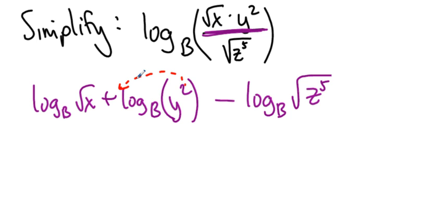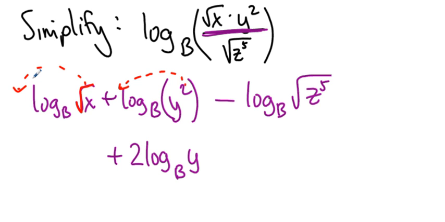So I'm thinking, I know what happens with this 2. This 2 is going to come down in the front, and I'm going to get 2 log of y base b. That's not a problem. The question is, how do I get a radical to come down in the front? Well, I've got to think about what power is the same as a radical. Do you remember what power is the same as a radical? I hope you said that one.